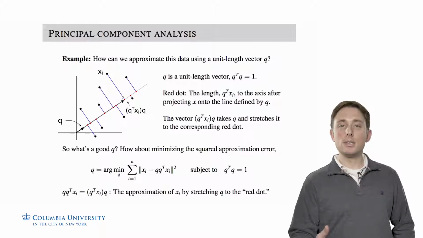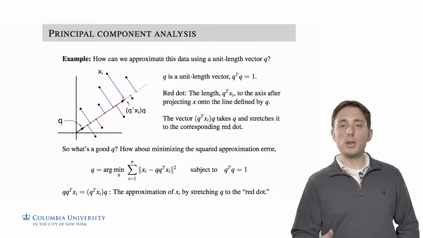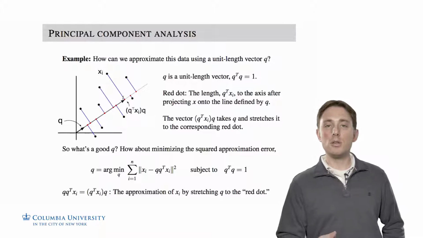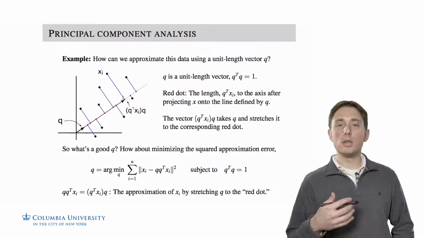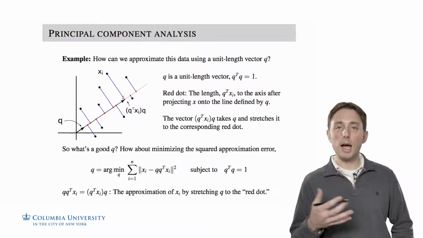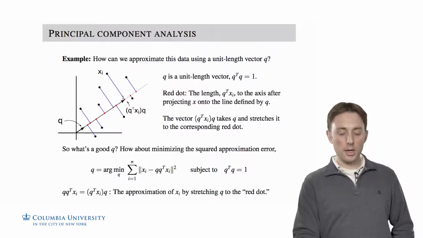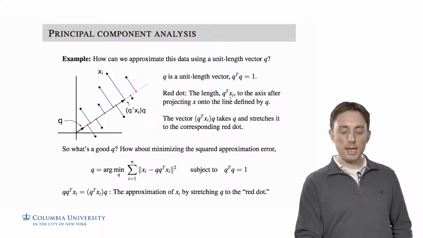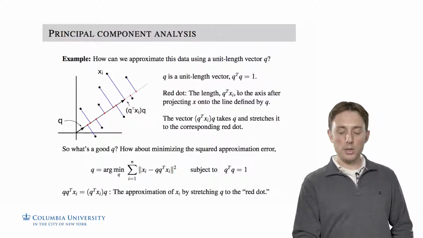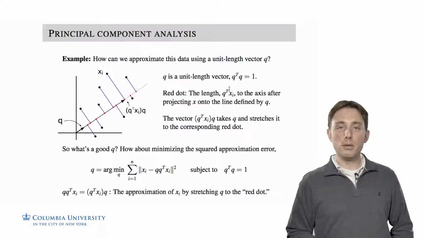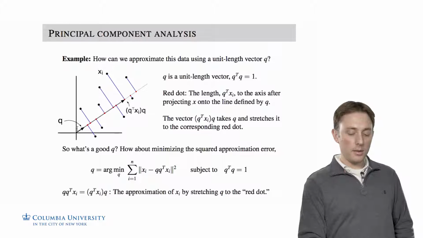We've already discussed some of these geometric concepts in the classification portion of our course, where we talked about linearly separating hyperplanes and dot products. In this case, that shows itself by taking the dot product between q and each point xi. Now if we wanted to know what this dot product of this unit vector q with xi represents, that represents the length from this origin to the red dot here.